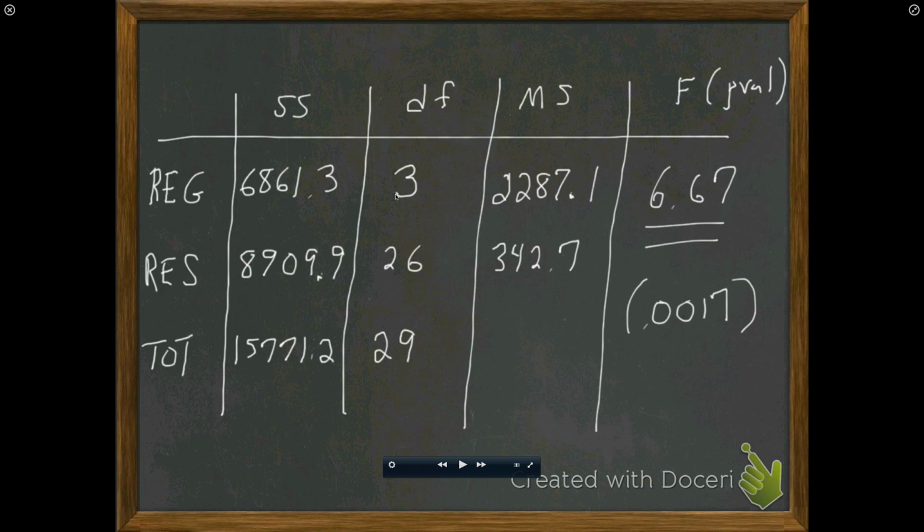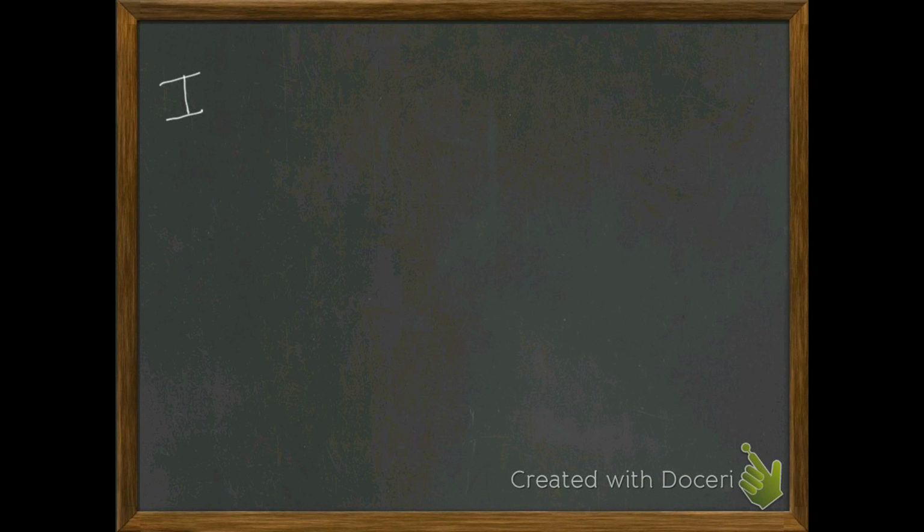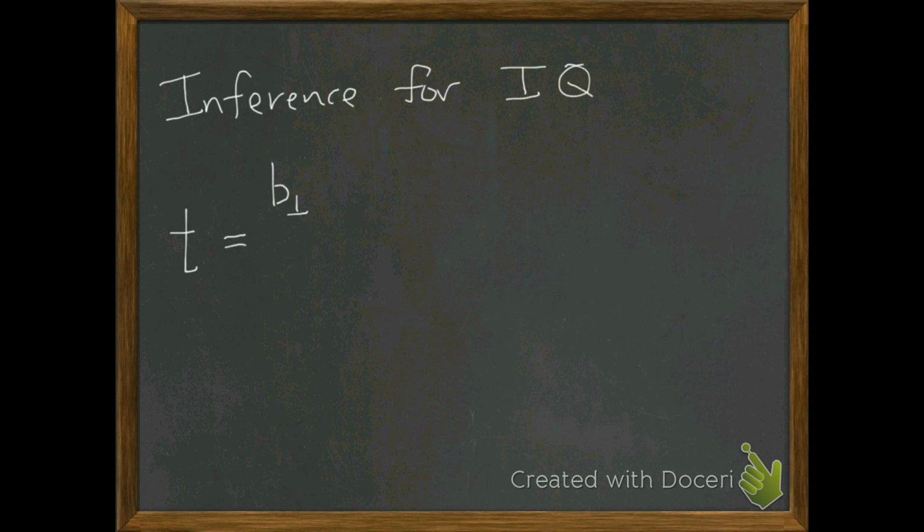So the next thing I want to do is look at the inferences. And all I'm going to do here is look at the inference for IQ. Now, remember, guys, for inference, we need the test statistic. And the test statistic is going to be the B for IQ minus the beta for IQ over the standard error for the beta for IQ.